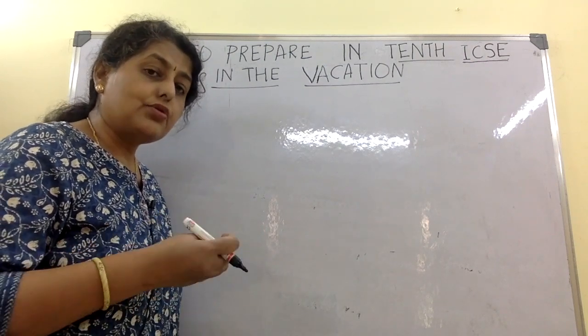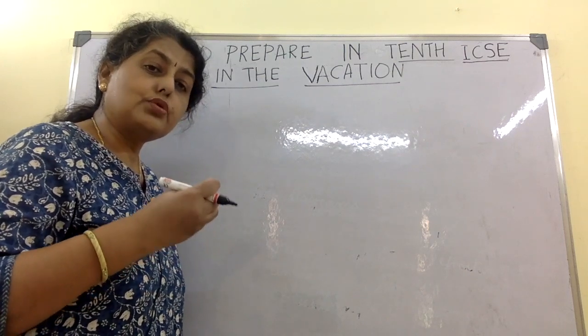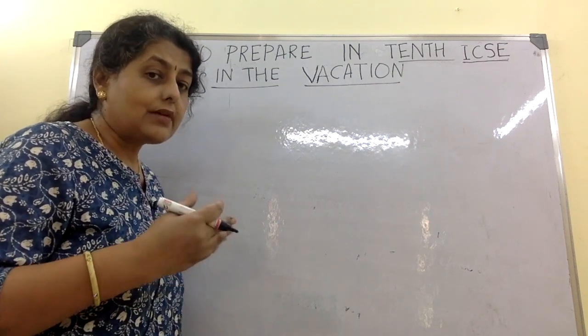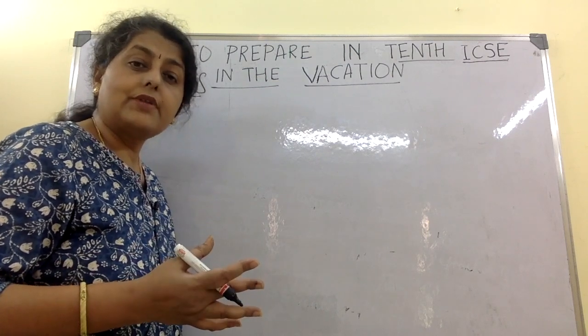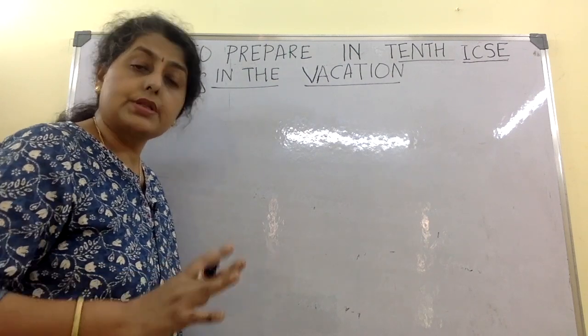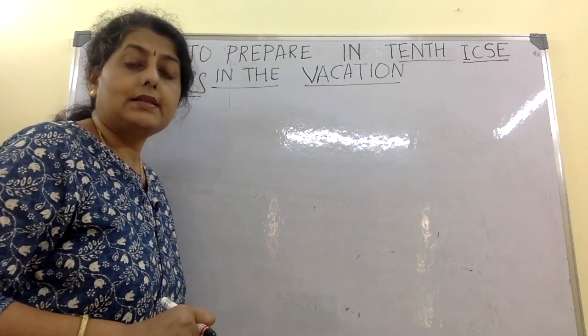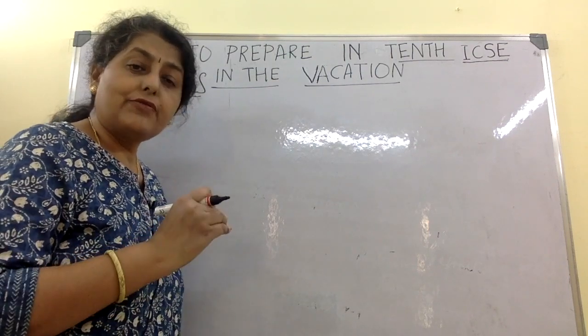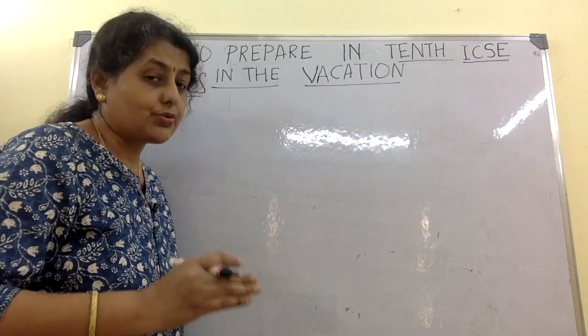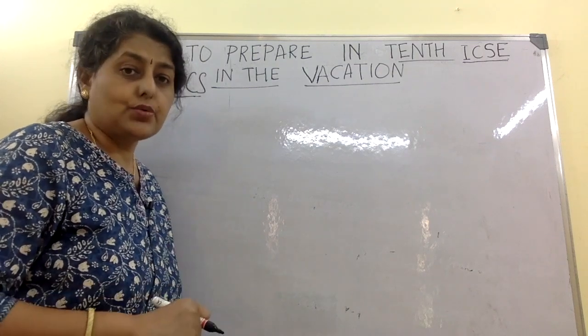Now these are few topics which you have to go through the textbook a lot, and at that time you say, I don't have time to read the textbook, I will only read the notes. Okay, but it doesn't happen like that. So this is the time when you have to prepare some things in advance and keep, so that you are in a better position when the school reopens.